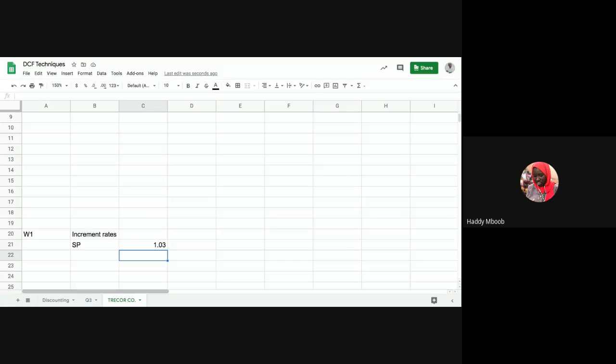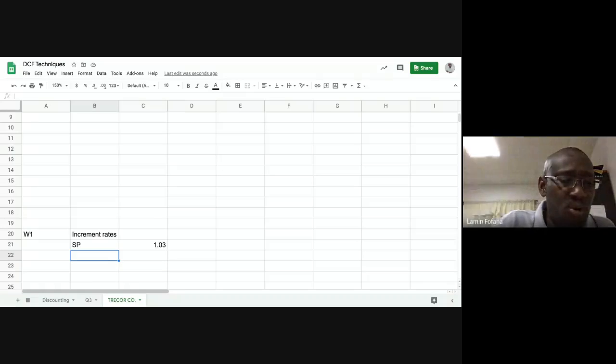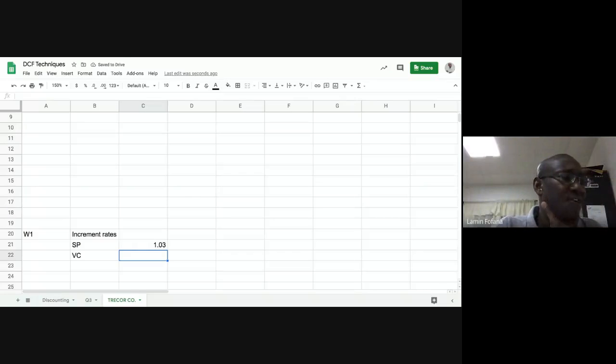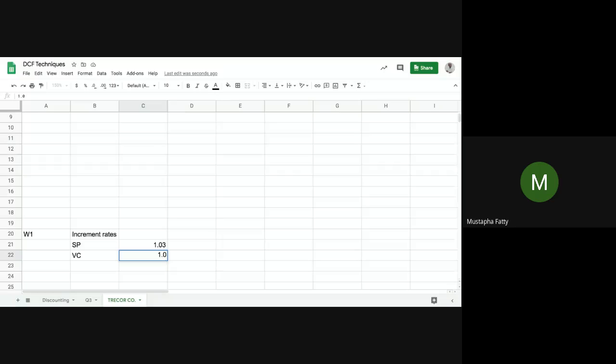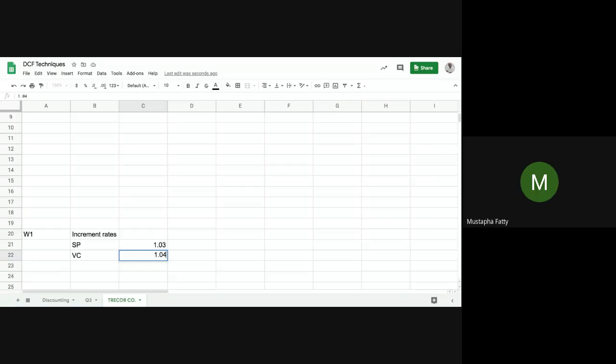Yeah, exactly. Good, right. So variable cost, VC, is supposed to go up by 4% per annum. So that means we're going to multiply by 1.04.